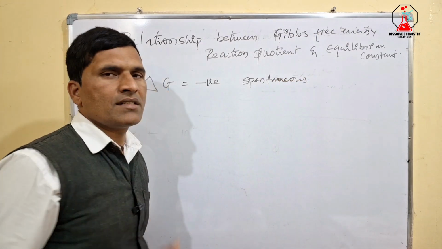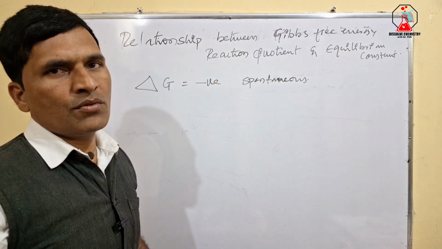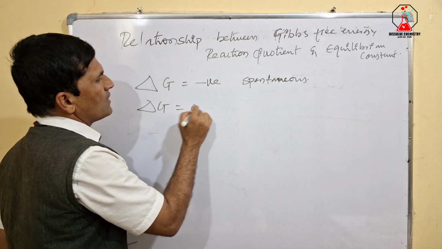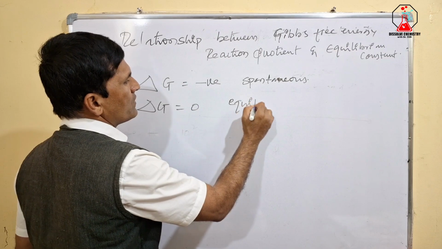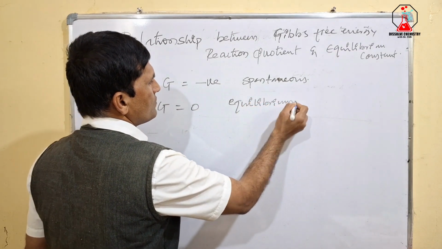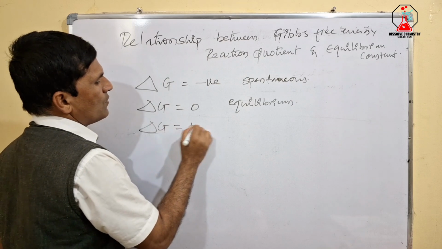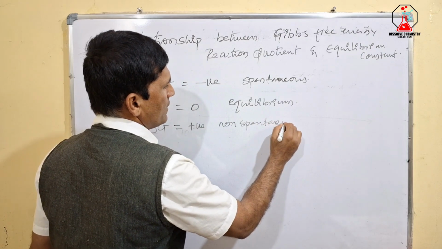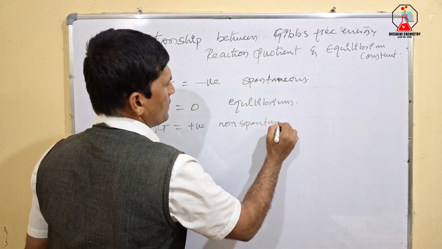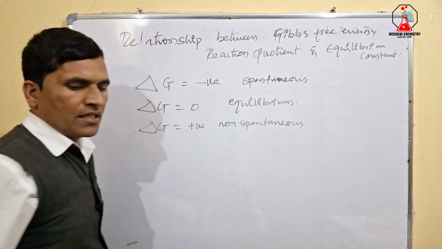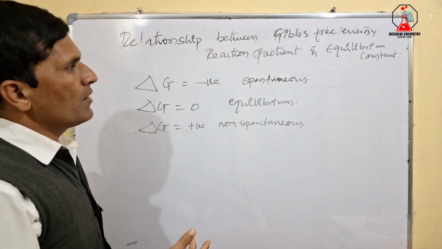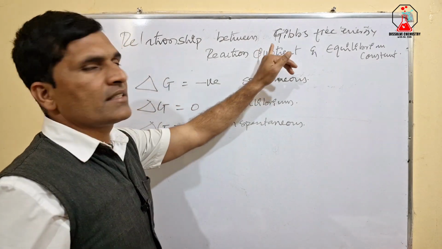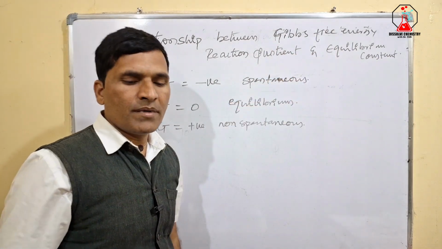This we have already discussed in the thermodynamics video, and if you want to know more, you can go to that video. If delta G value is equal to 0, then it is at equilibrium. And if the delta G value is positive, then it is non-spontaneous in that particular direction. These aspects we have discussed in thermodynamics, and now we will relate Gibbs free energy with reaction coefficient Q and equilibrium constant.